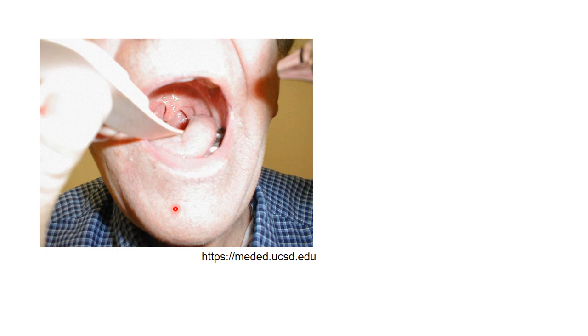The first thing we have to establish is which side of the patient is their right side and which side is their left side. Again, we're facing the patient, so our left is their right and our right is their left. And so I would say the soft palate is being elevated higher on the patient's right than on the left. So it's being elevated higher on the right than the left, and the uvula seems to be pointing towards the right side. Again, the right side of the patient.